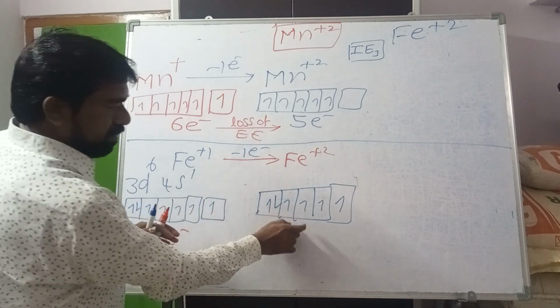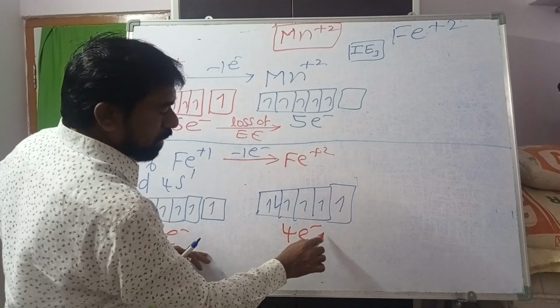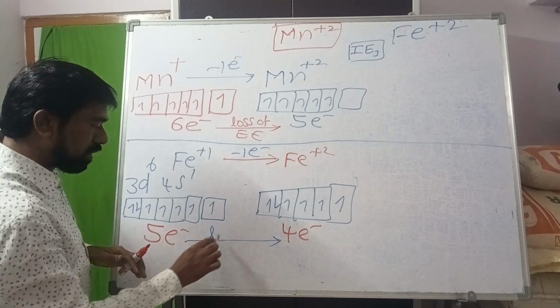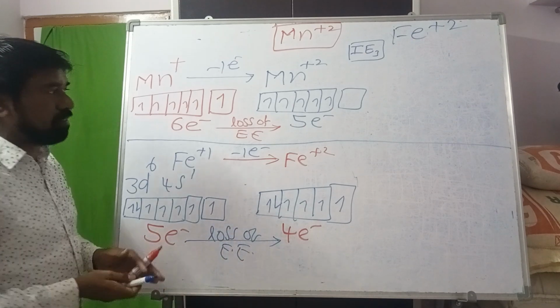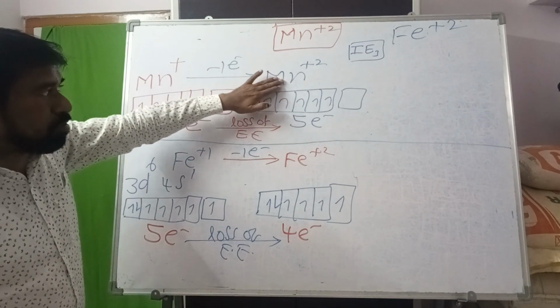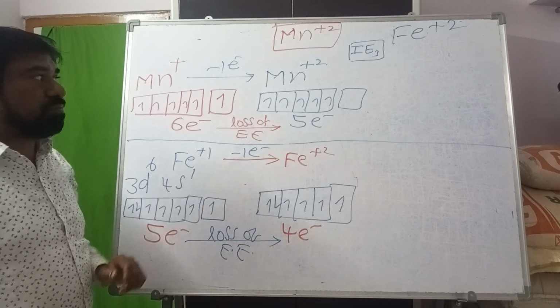Now here what happens in this one? 4 electrons with parallel spin. Therefore, here also there is a loss of exchange energy from 1 electron. Loss of exchange energy in both cases takes place. Here loss of exchange energy in the formation of Mn plus 2. In formation of Fe plus 2 also loss of exchange energy.